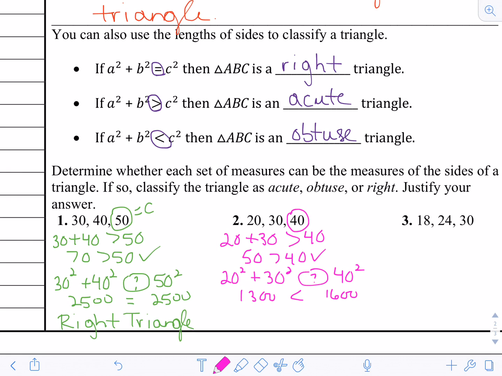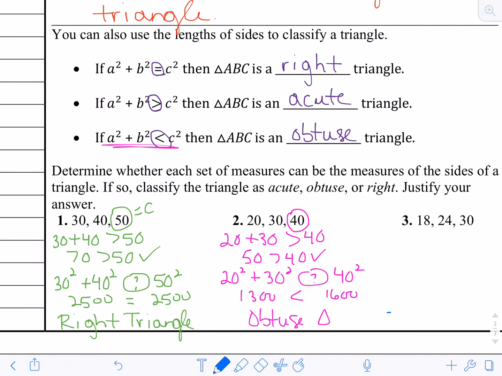Okay, 1300 is less than the 1600, so your C squared is greater than the sum of your A and B squared. And so for this case, if you look right back up here, it matches this third one, so we know we have an obtuse triangle.